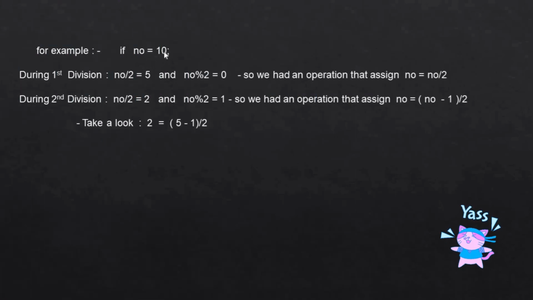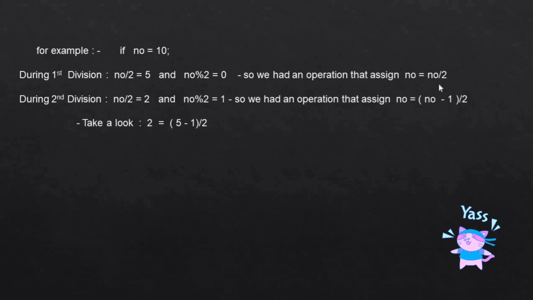Okay, consider this example here. You are given the number 10. During the first division, 10 divided by 2 yields a value of 5, and the remainder was 0.